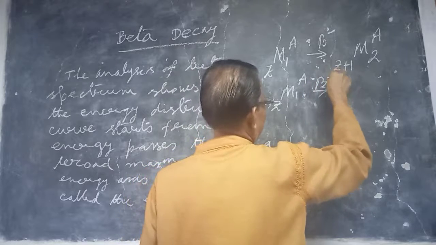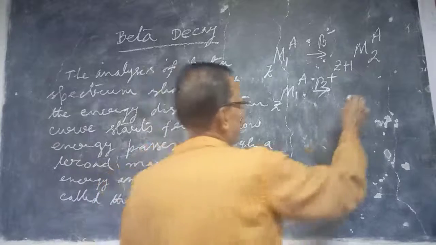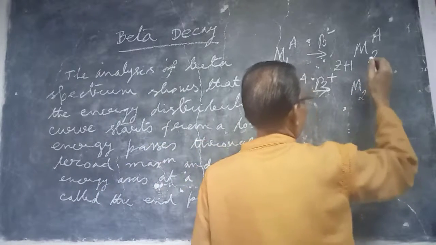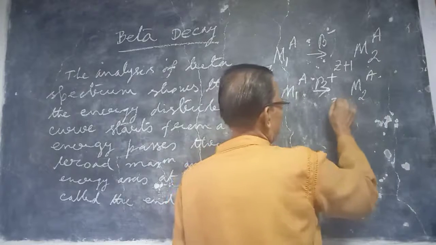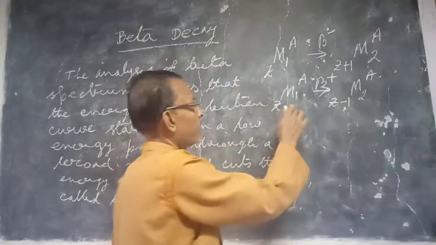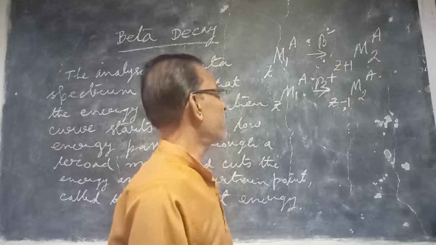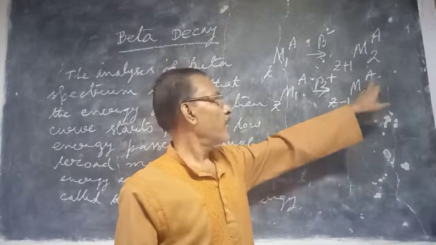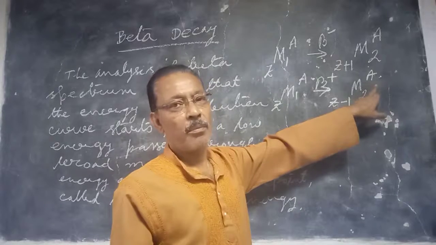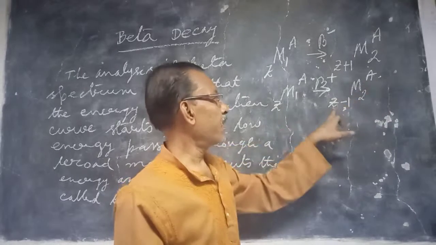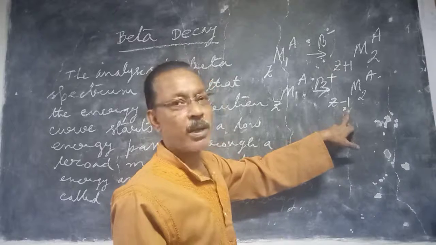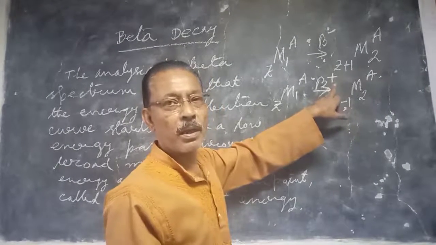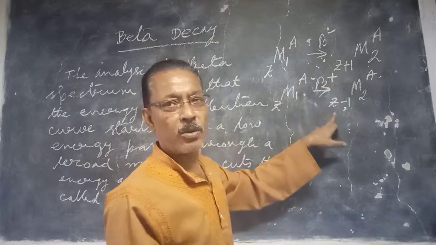When a positron is emitted, the mass number of the daughter nucleus will remain unchanged, but the atomic number will decrease by 1 unit, because the proton here is converted into a neutron.